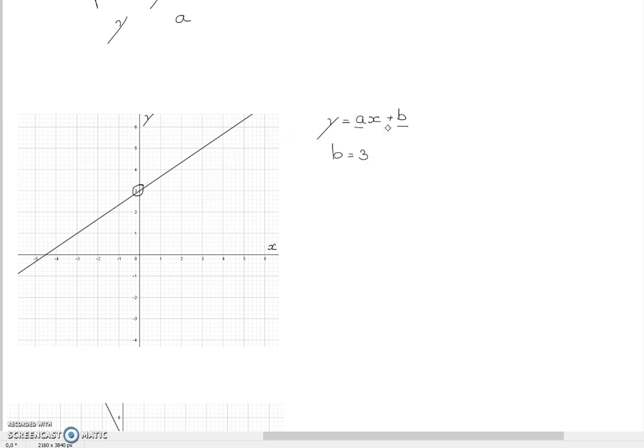For a, we have to look a little closer. We want to know how much the line goes up if x goes 1 to the right. So how much is this? We can't clearly see that because this is not a good visible point. But what is a good visible point is the point over here, 3,5.